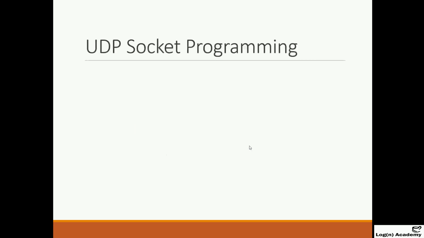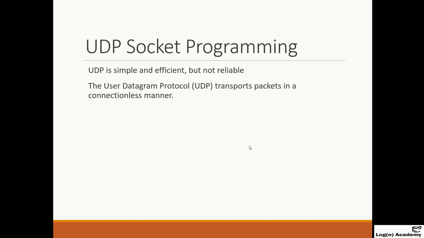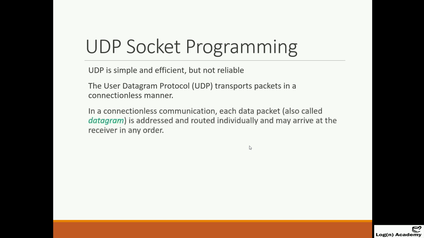Now let's talk about UDP in detail. UDP is simple and efficient, but not reliable. Definitely, it's not reliable because we do not have a stable connection. User datagram protocol transports packets in a connectionless manner. In connectionless communication, each data packet, also called a datagram, is addressed and routed individually and may arrive at the receiver in any order.